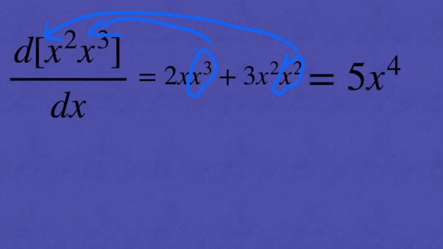And even stranger, 2x is the derivative of x squared and 3x squared is the derivative of x cubed. So now, see if you can try to figure out the rule for multiplication functions.